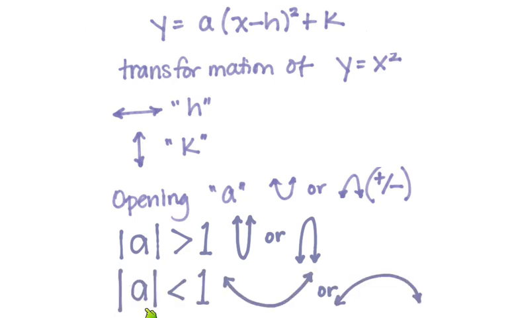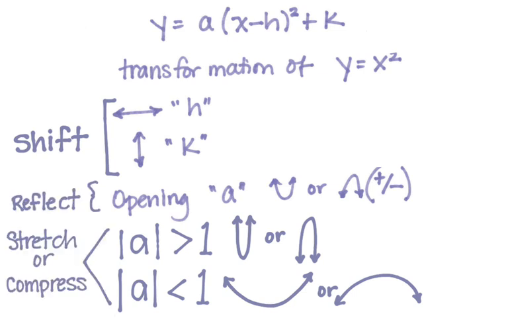If my absolute value of a is less than 1, then it's called a vertical compression. I always say it's like an elephant sat on the parabola and squished it out. Okay? So that would be a vertical stretch or a vertical compression. Shifts, reflect, stretch or compress.